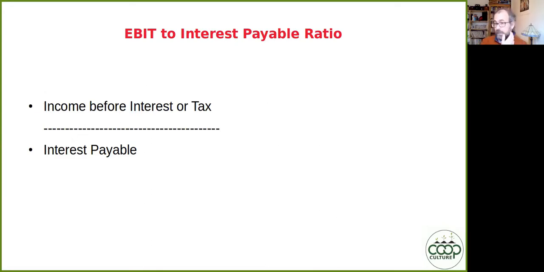And the way we calculate it is we get our net profit, and then we add back in the interest and the tax. So we're just looking at what have we managed to generate as a business. We've got our turnover.